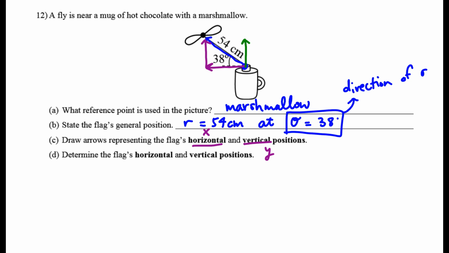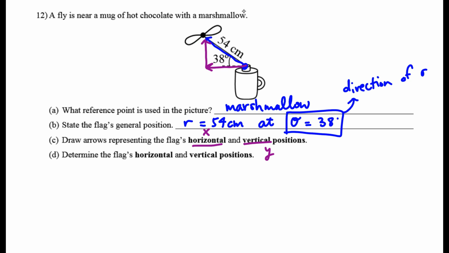We are going to use a convention that says x goes first from the origin. Another thing to avoid, don't go out too far like this and then go up. If you go out too far, then you suggest the fly is located over here, which she's not. One final thing, we want to make sure that they point along the axes. So don't make your y arrow tilted or anything like that.